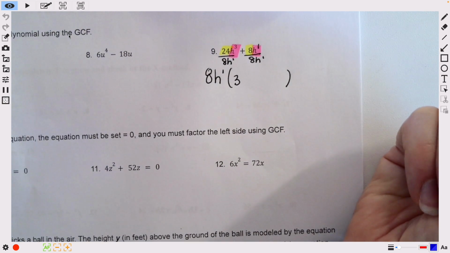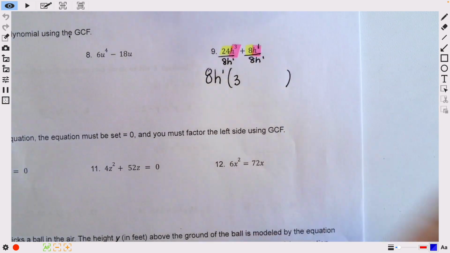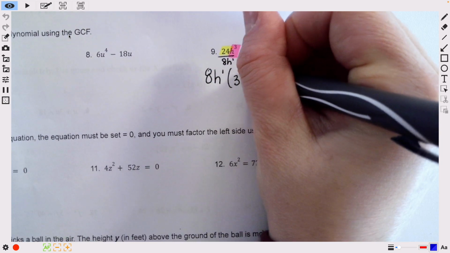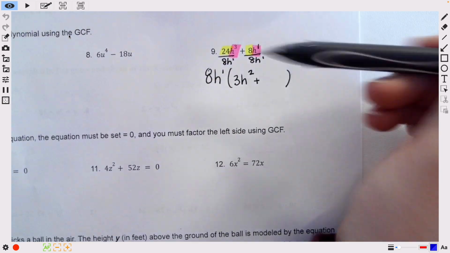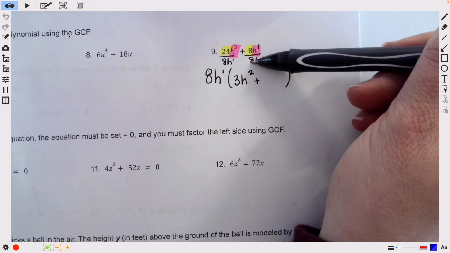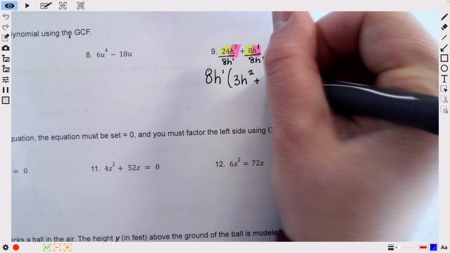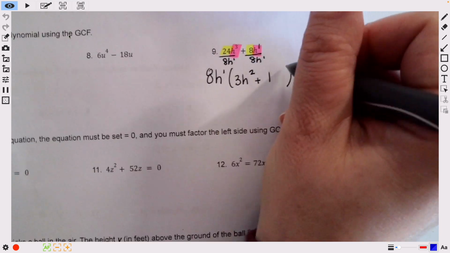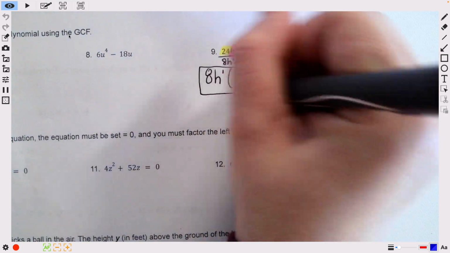You do the 3 minus 1. So you just subtract the exponents. 2. H squared. Okay. 8 divided by 8. 1. And then h to the first divided by h to the first just goes away. So there's your answer.